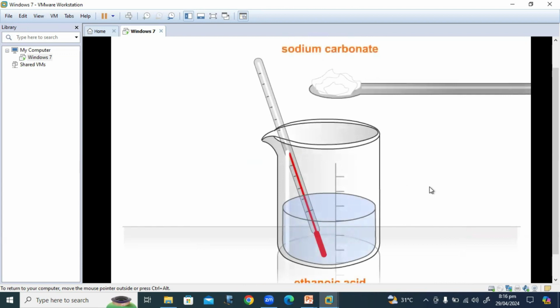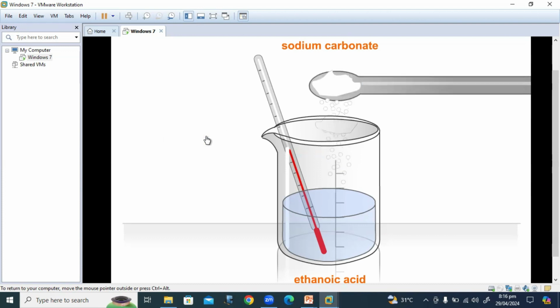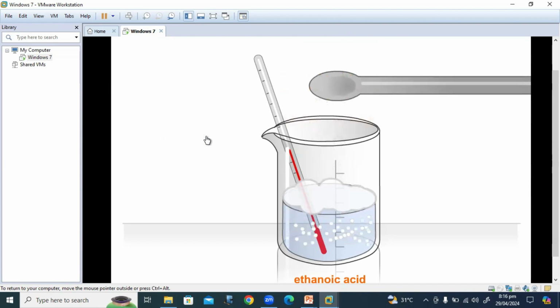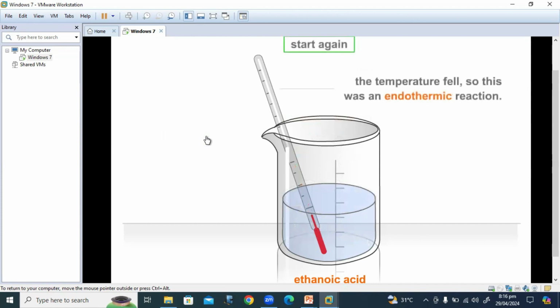Next is the reaction between sodium carbonate and ethanoic acid. You can see the temperature shown on the thermometer. Now, when we mix it, let's see what happens. We can see there is a temperature drop, so this reaction is an endothermic reaction.